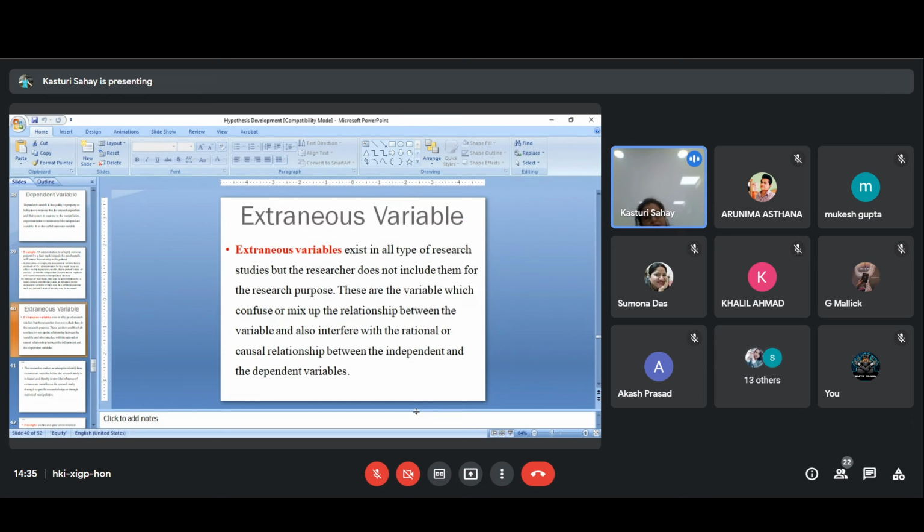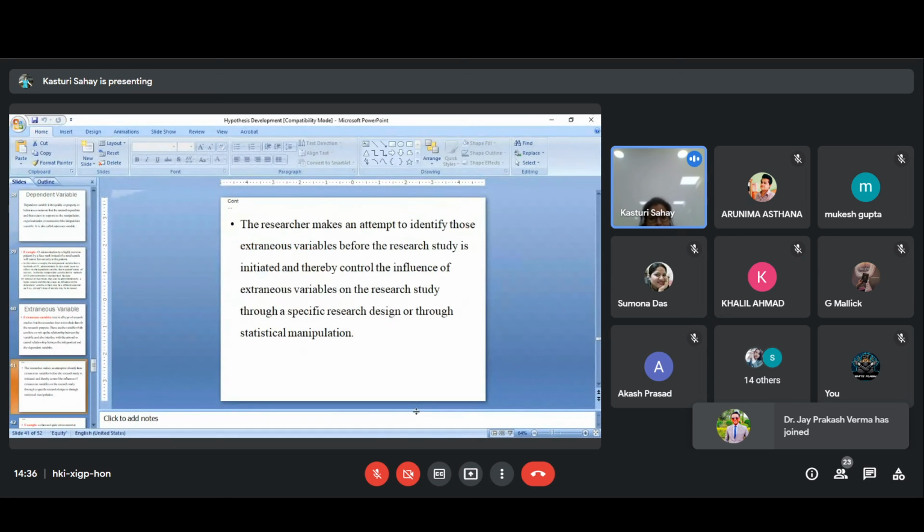Next, we move to extraneous variables. Now, what are extraneous variables? They exist in all types of research studies, but the researcher does not include them for the research purpose. These are the variables which confuse or mix the relationship between the variables and also interfere with the causal relationship between the independent and the dependent variables. Let me get to an example to explain. The researcher makes an attempt to identify those.